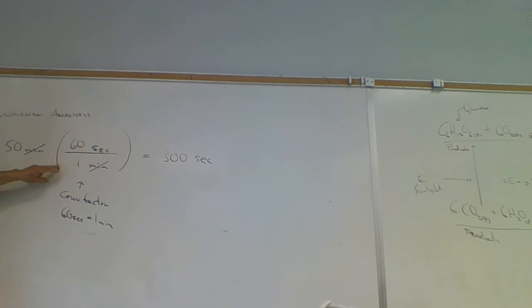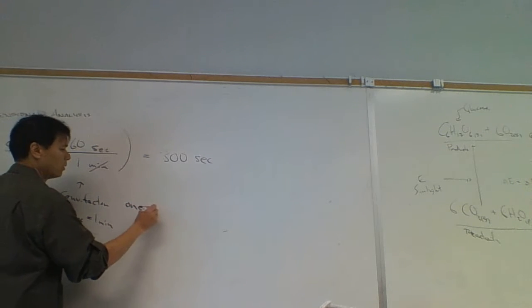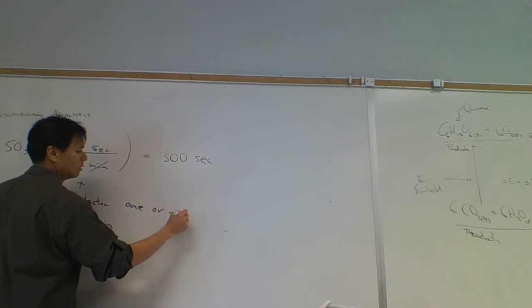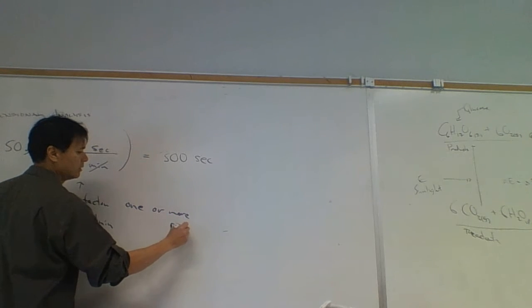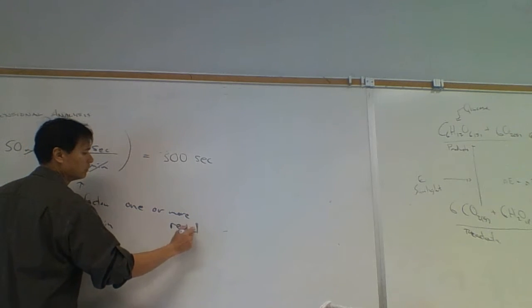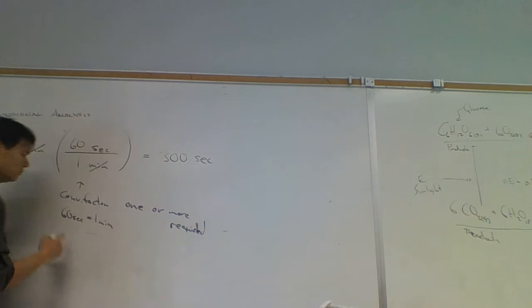So this is the point of dimensional analysis. Dimensional analysis is going to require a conversion factor. This conversion factor is nice because it was direct. It's one conversion factor. Other times, it's going to require multiple conversion factors, so one or more required. Now, the way we write this is as a ratio, like this. This 60 seconds to 1 minute can be written in two ways.